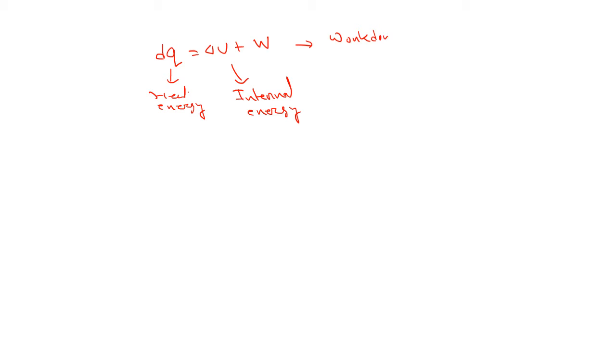We can write it in a precise way: dQ equal to delta U plus W. So this is our heat energy, this is our internal energy, and this is work done. When we apply any heat to any system, its internal energy may change, and also we get some work done.